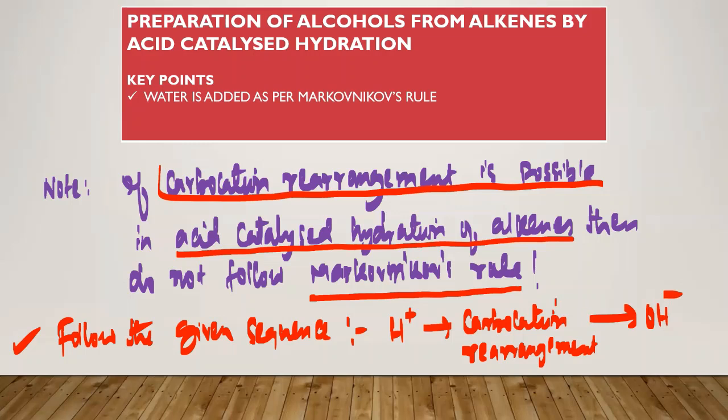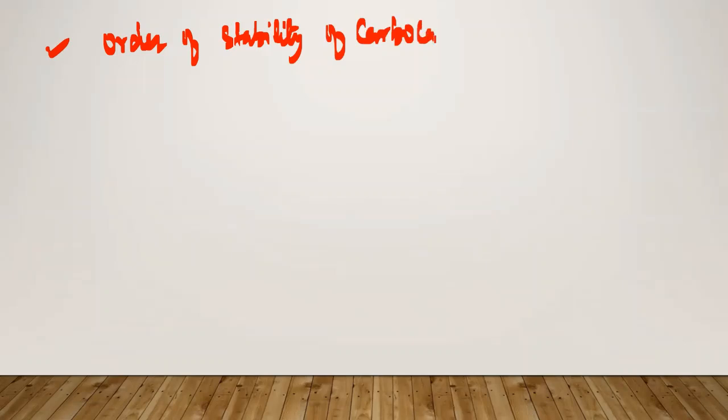Okay. And let's go further and understand a few more points. Have a look here. Order of stability of carbocations. Remember always a 3 degree carbocation is more stable than 2 degree, 2 degree is more stable than 1 degree carbocation.